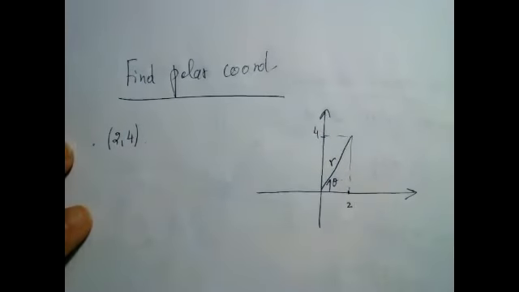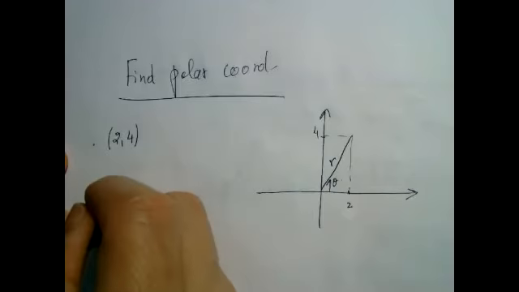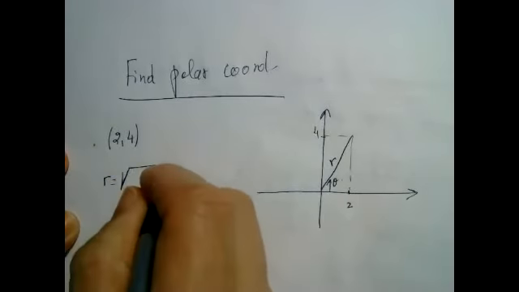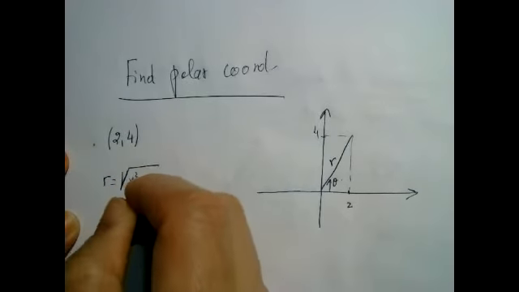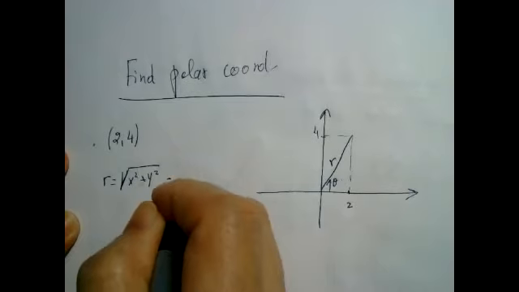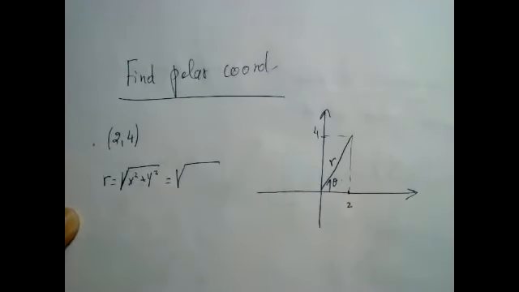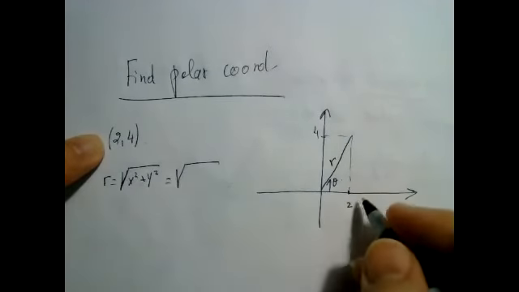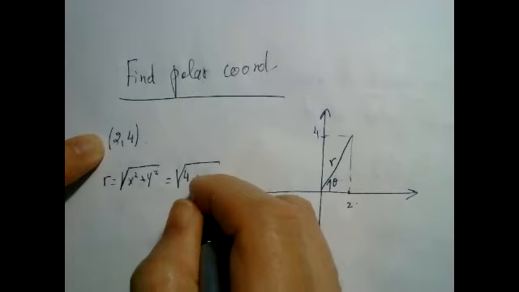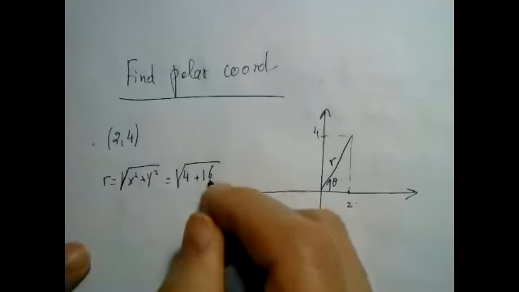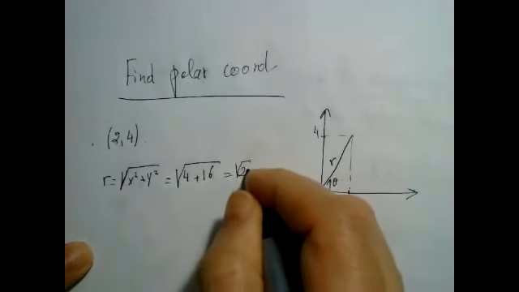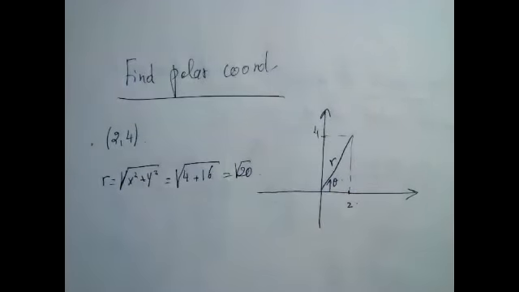All right, let's find the r first. R is easy. R is the square root of x squared plus y squared. With x as 2 and y as 4, that is the square root of 20. Now I need to find theta.